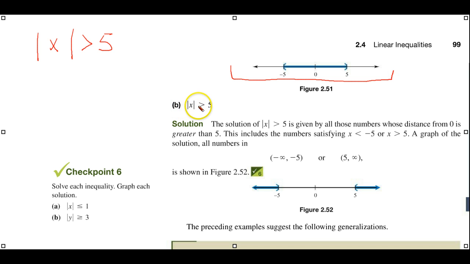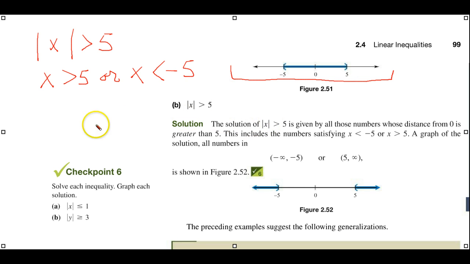Now in letter B, the inequality symbol is reversed, it's greater than. So again, in solving this, you would go x is greater than 5, or x is less than negative 5.